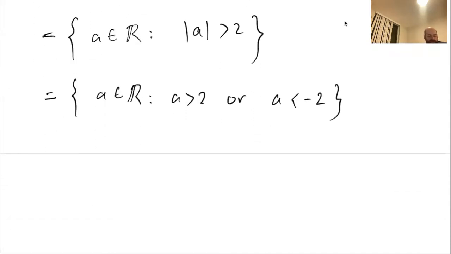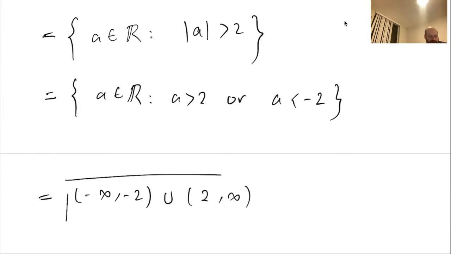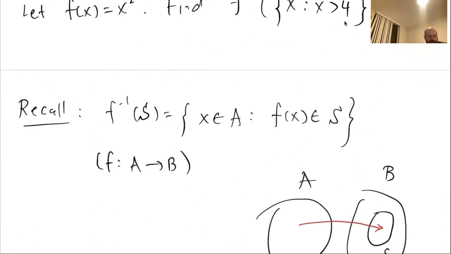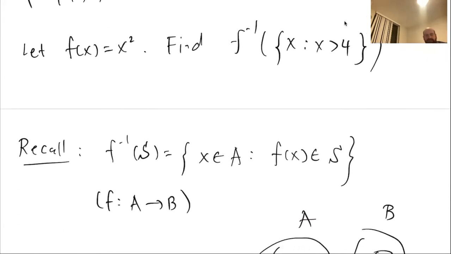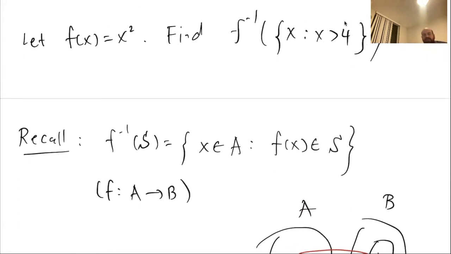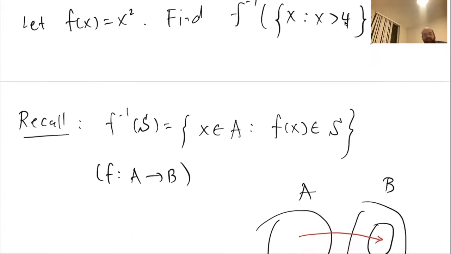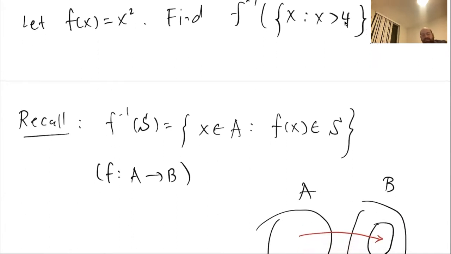So we can also write this in interval notation, as minus infinity to minus 2, union 2 to infinity. So this is the answer for f inverse of this set. So f inverse of a set is a set inside the domain, the set of all elements in the domain that are going to be mapped into S.